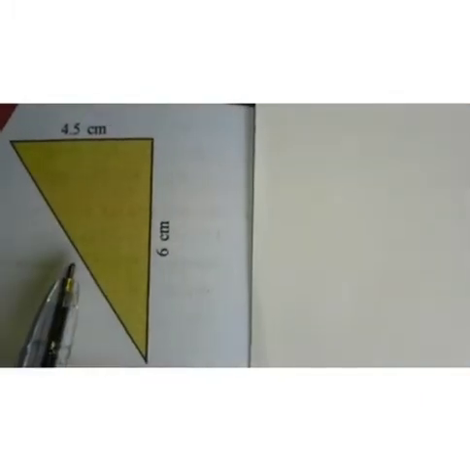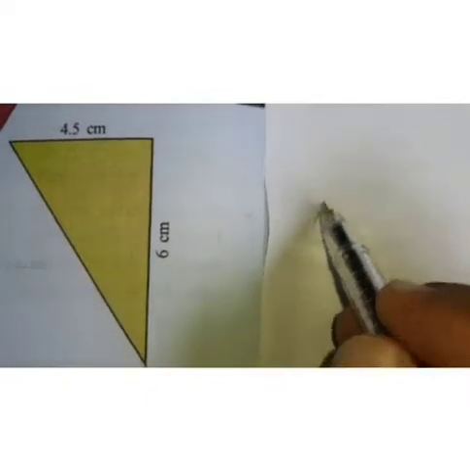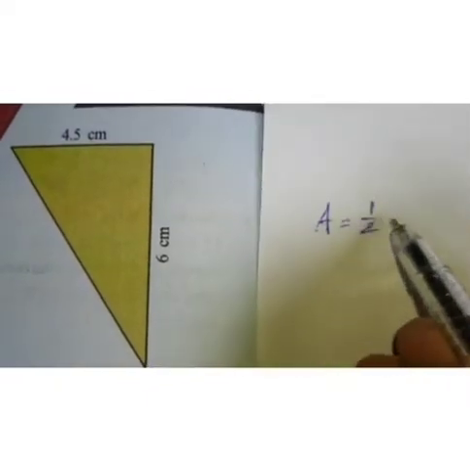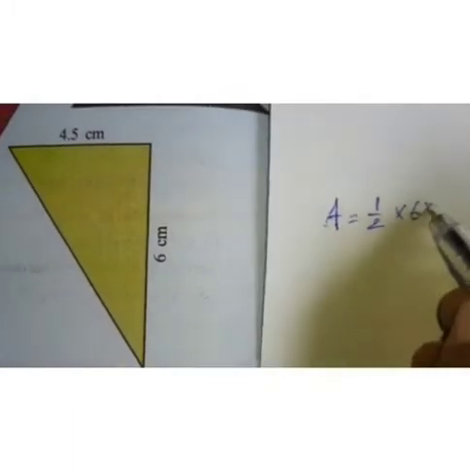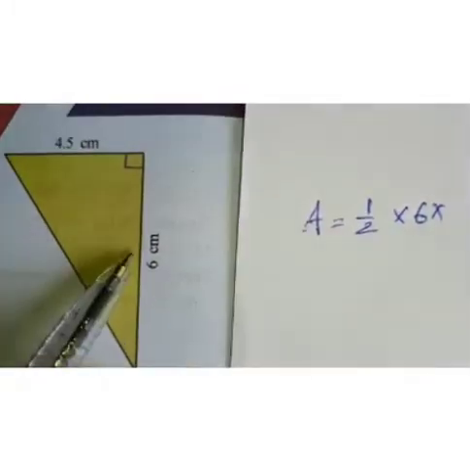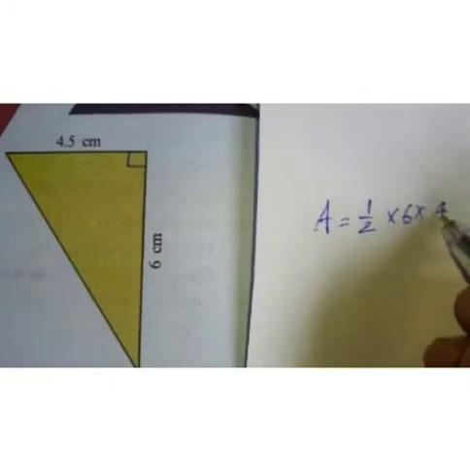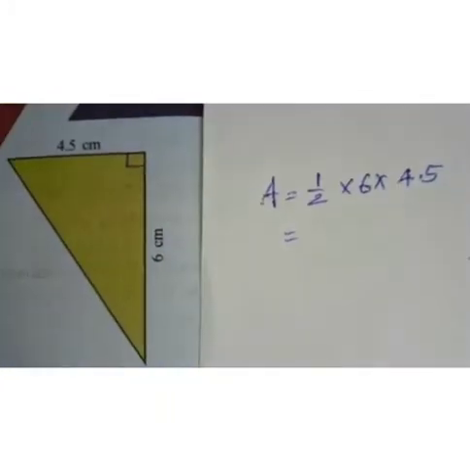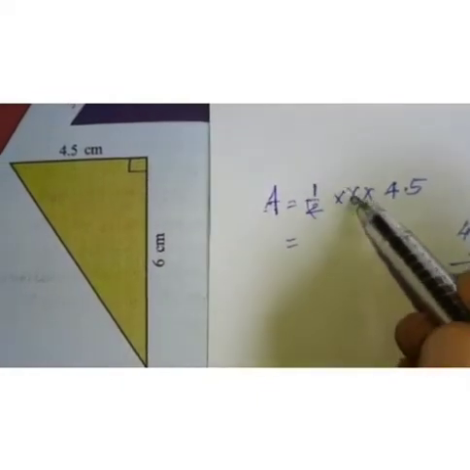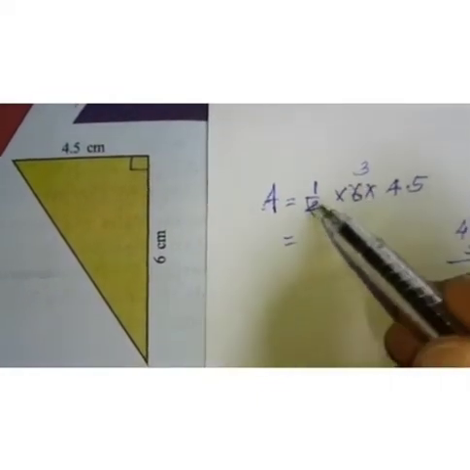What is the area of this triangle? Area is equal to half of the perpendicular sides. 6 into 4.5, this is the right angle triangle. So half and 6 should be cancelled. You get 3. 3 2s are 6.